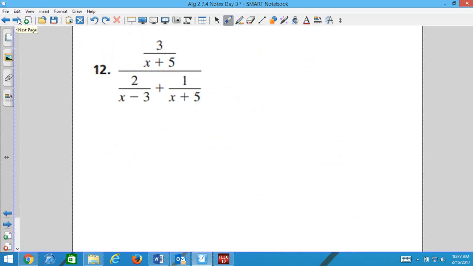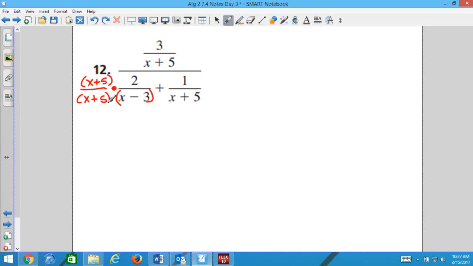All right, next one. Do we have one fraction over one fraction? Yes. We have to find the common denominator in the bottom. What do I need to multiply the 2 over x minus 3 by? x plus 5 over x plus 5.